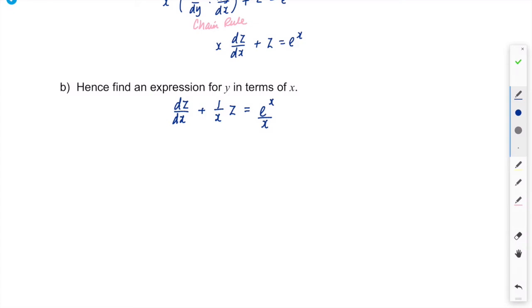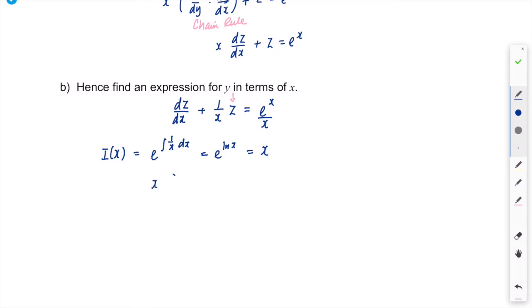And so, it's not y anymore, right? It's actually x and z. And this z in the second term does take up the place of the y that we usually see in that exact differential equation, which means that we can certainly work out an integrating factor, which is x.